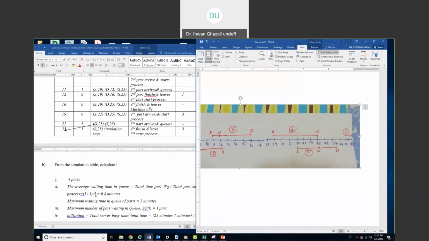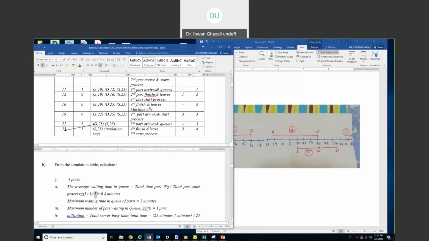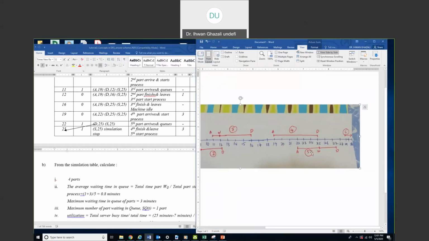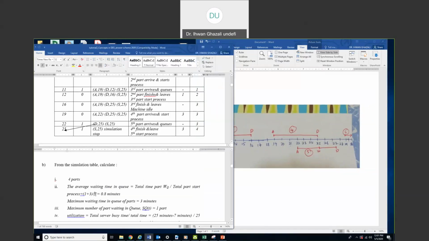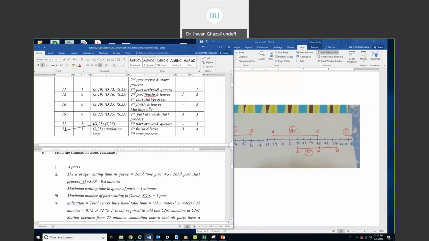Because our process will be finished at 25, we still consider this 5th part as in the system, not out of the system. Okay, so we calculate with 5. And we get 0.8 minutes.